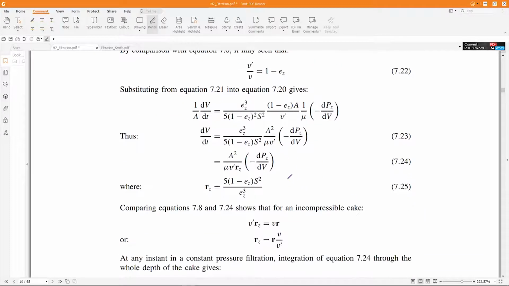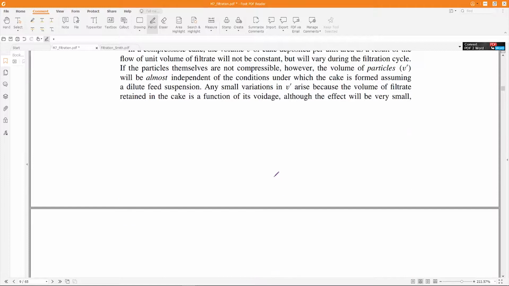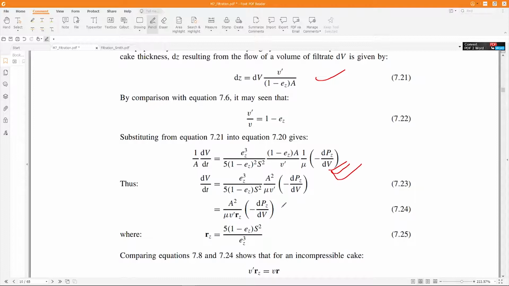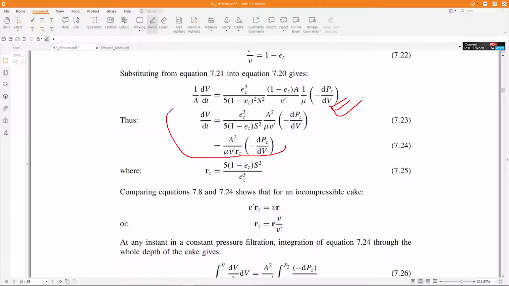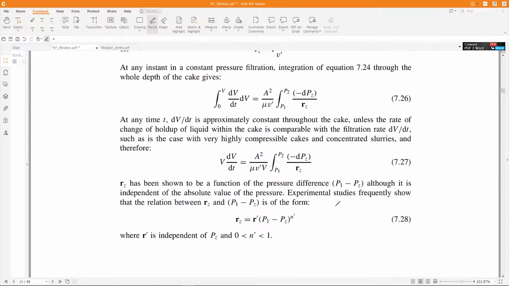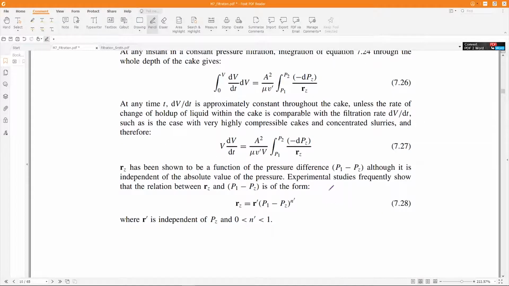So if you write the Z in terms of volume, you'll get something like this, where Rz is equal to this. If you integrate this equation again, you'll get the linear line between V and T. So you can calculate the resistance of the cake as well as the filter cloth.